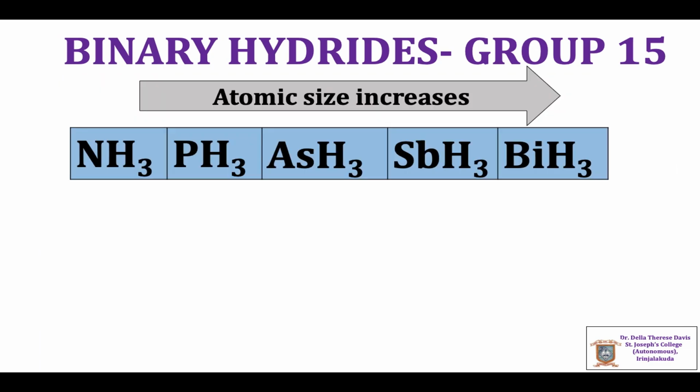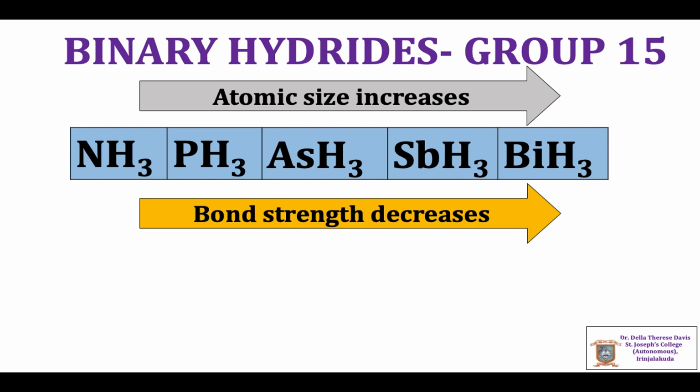As we move down the group from nitrogen to bismuth, the atomic size increases. As the atomic size increases, the effective overlap with the 1s orbital of hydrogen decreases, and hence the bond strength decreases from nitrogen to bismuth.